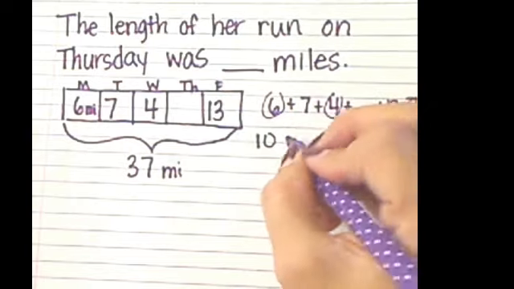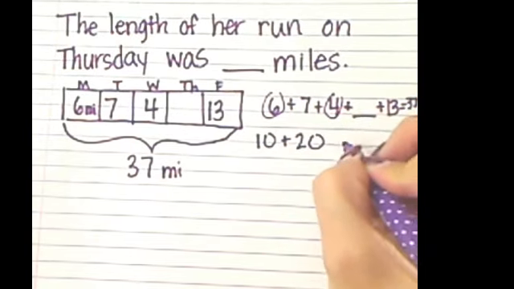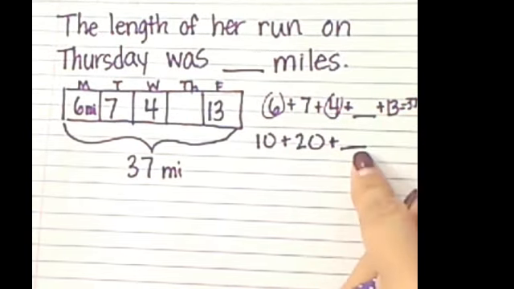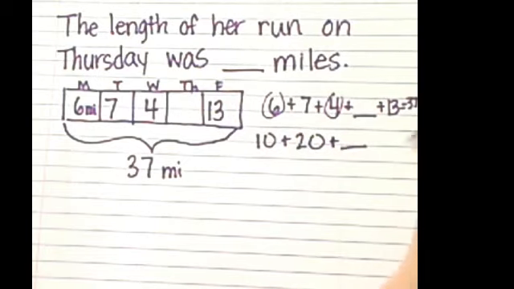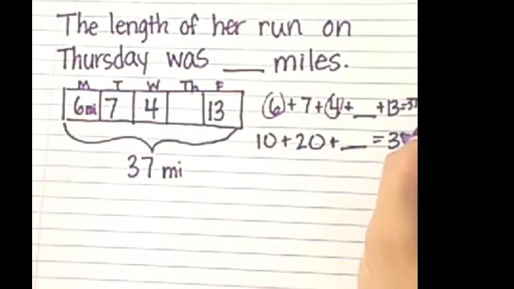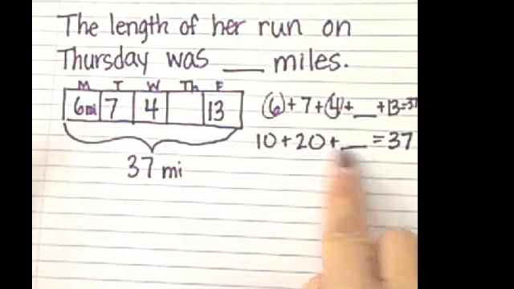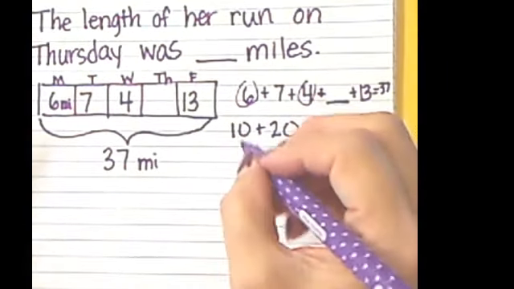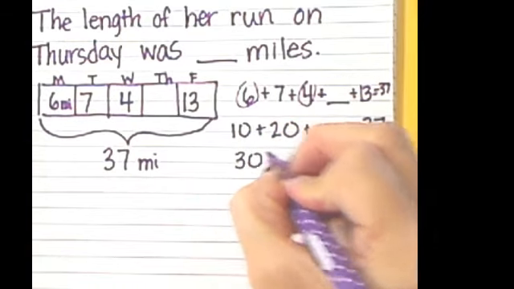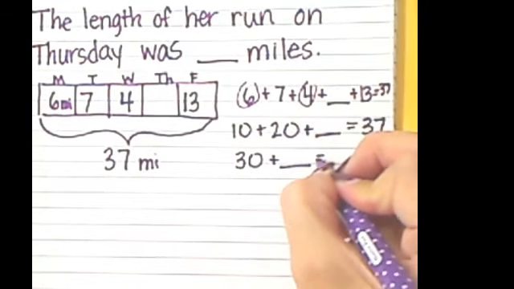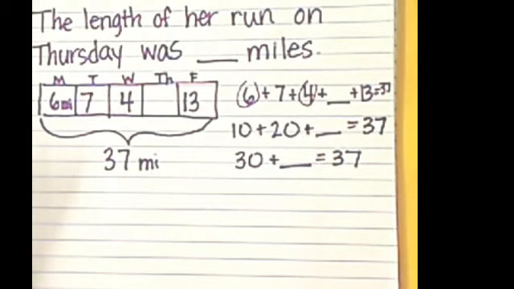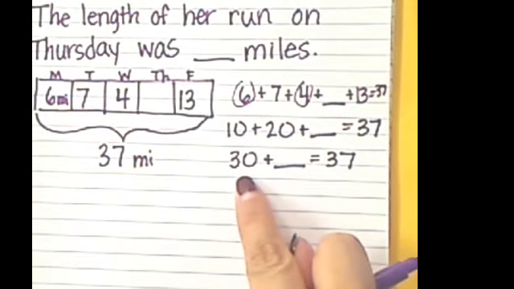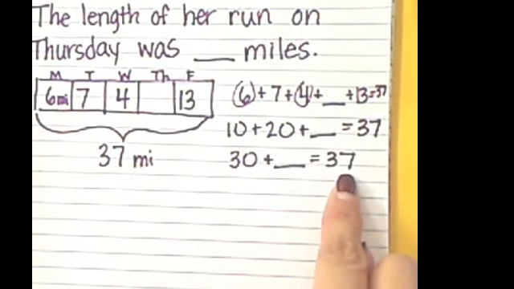That makes 20, plus something that I don't know, that's Thursday, is going to equal 37. Now I've got an addition problem I can do very easily. 10 plus 20 is 30, plus something is going to equal 37.